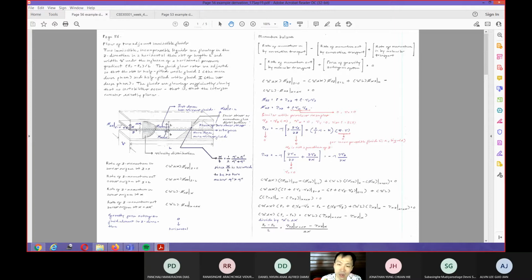Once you get that, you know you can break it down into 4 contributions: the rate of z momentum in across the surface at z equals 0, the rate of z momentum out across the surface at z equal L, the rate of z momentum in across the surface at x, and the rate of z momentum out across the surface at x plus delta x.